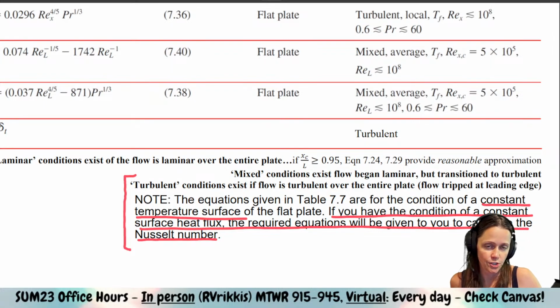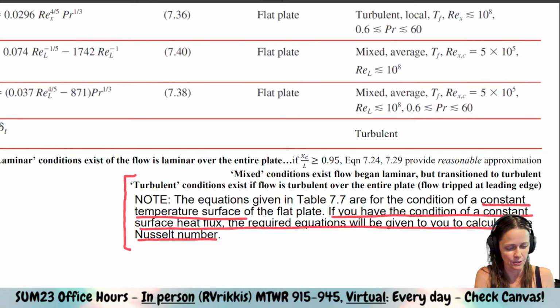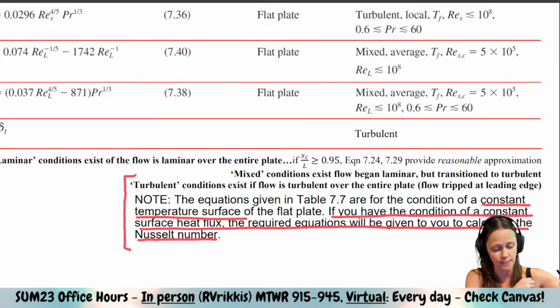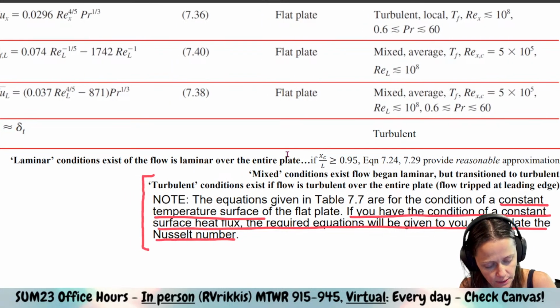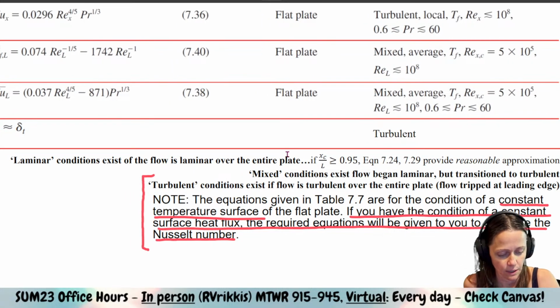If that transition occurs pretty close to the leading edge, then you can approximate laminar flow.